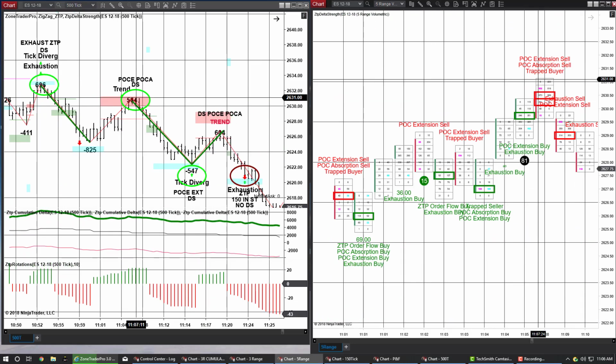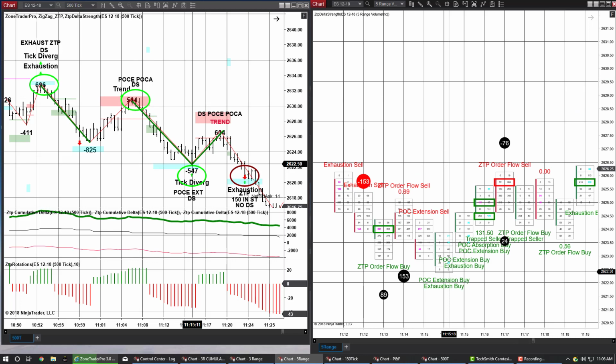That trade was followed by a trend trade which had both the POC extension and POC absorption order flow along with delta strength. As price reached the blue counter trend zone, we had a tick divergence trade that had both delta strength and the POC extension and exhaustion signals.